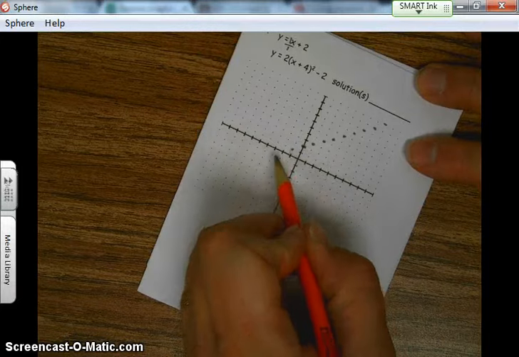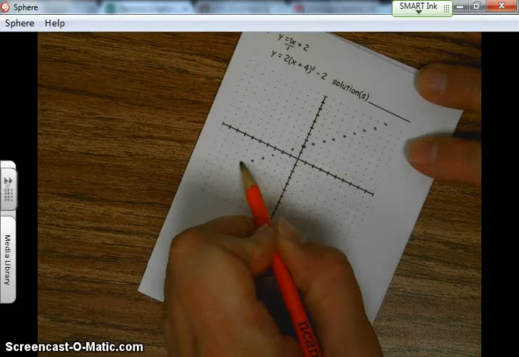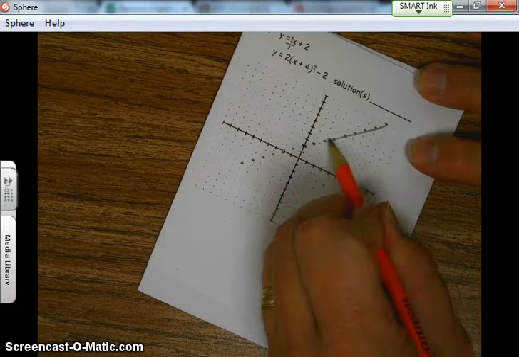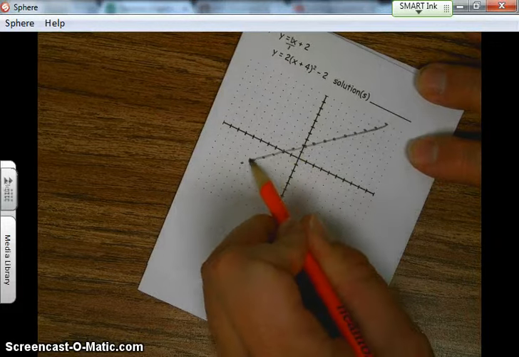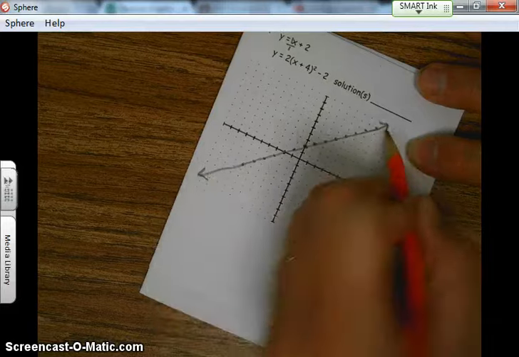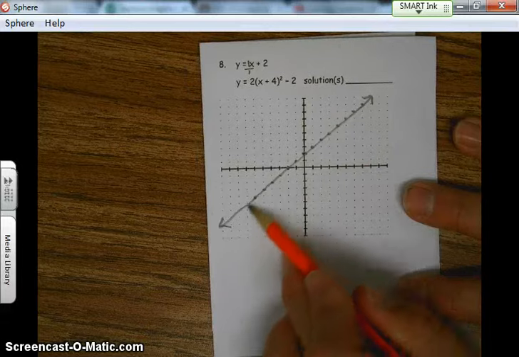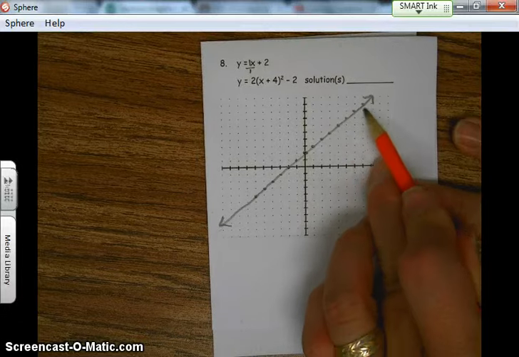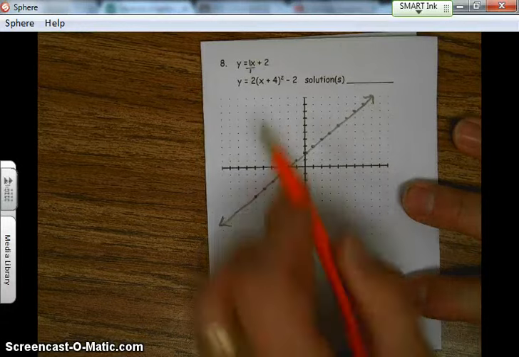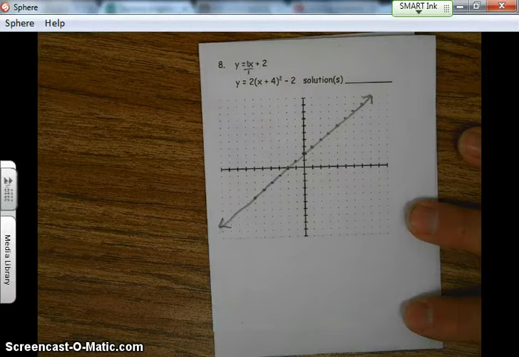I'm going the other way. Okay, so all the points on this line represent the solutions, that's all the points on this line right here. So let's take a look at the quadratic function now.